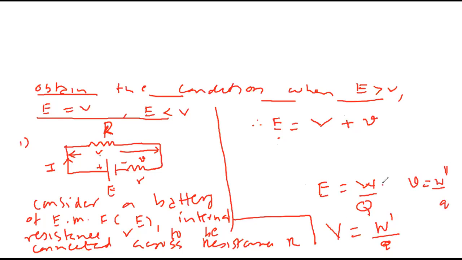Work means energy. So work will be EQ total, which is VQ plus v into small q. I can cancel this. So can I say total voltage is used for external plus internal? Yes, sir.